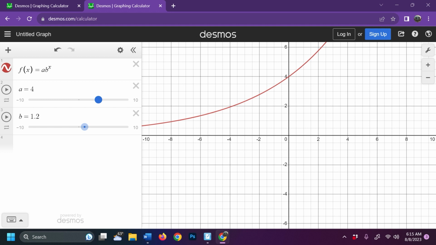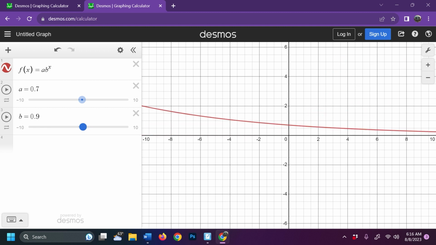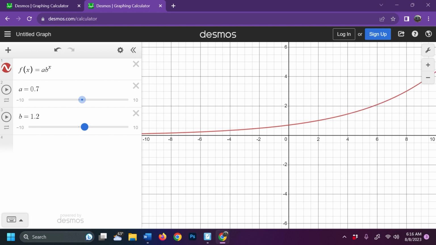When I plug in 0, I get 4. And then the shape is changed by changing b, and so the bigger b gets, the steeper that curve becomes, and the closer to 1 b gets, the gentler that slope is.